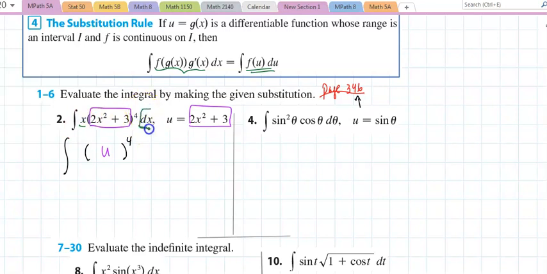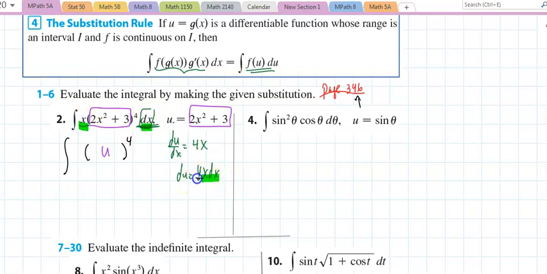There's a dx. So if I take a derivative of this, du dx, that would be what? 4x. And if I cross multiply, thanks to Leibniz notation, I notice x dx, this part is right there.